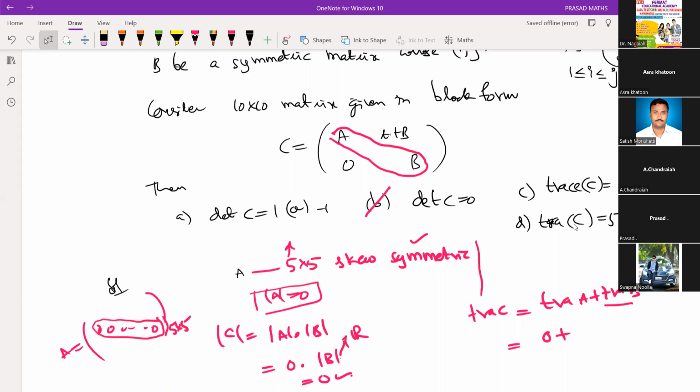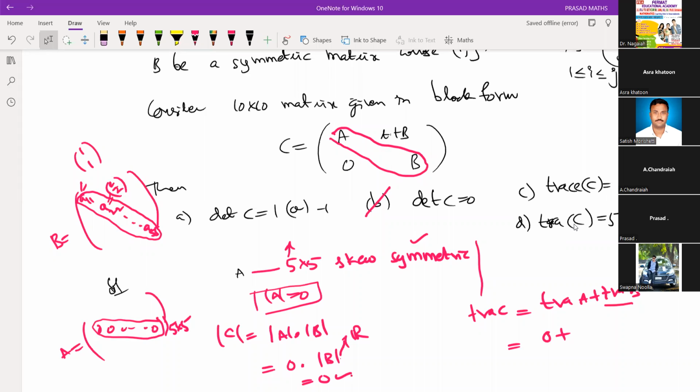What is trace of B? What is my B matrix? My B matrix is a symmetric matrix. You're looking for diagonal entries, because I'm going to find the trace. So what is the a11 entry? The a11 entry is the binomial coefficient (1, 1). What is a22? Binomial coefficient (2, 2).